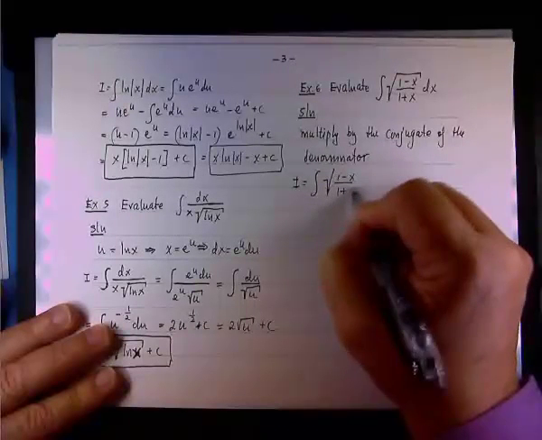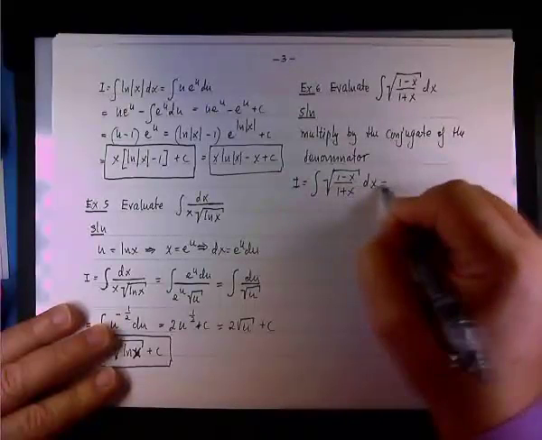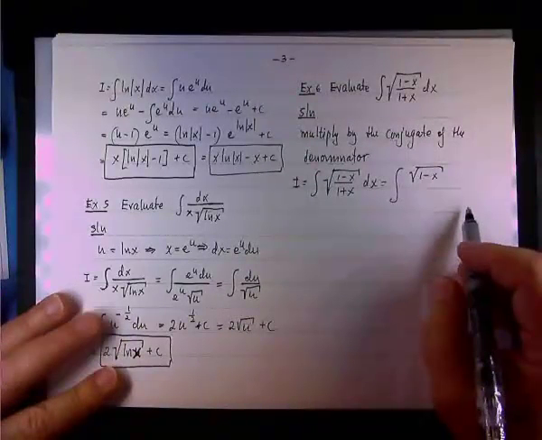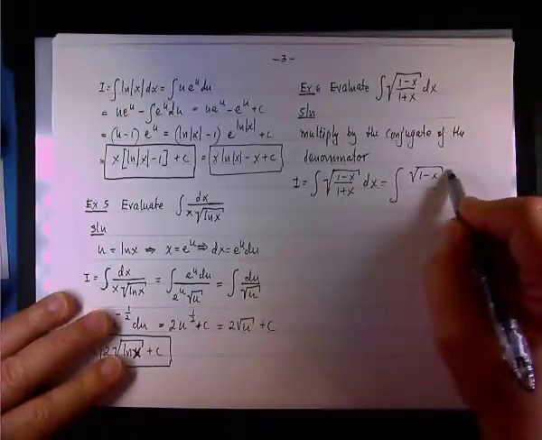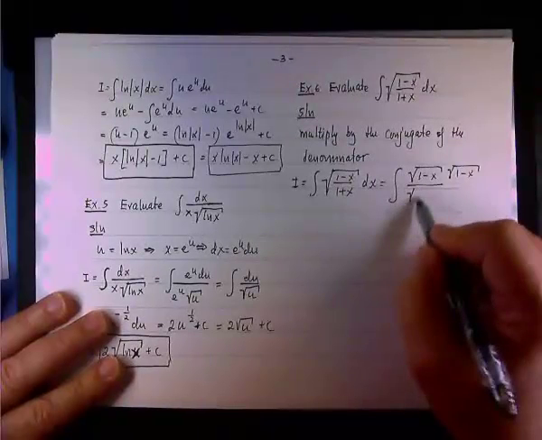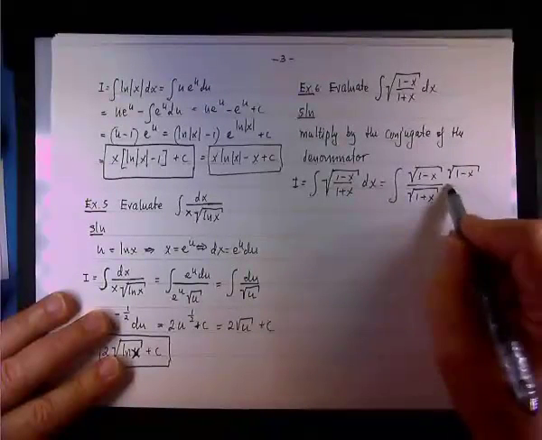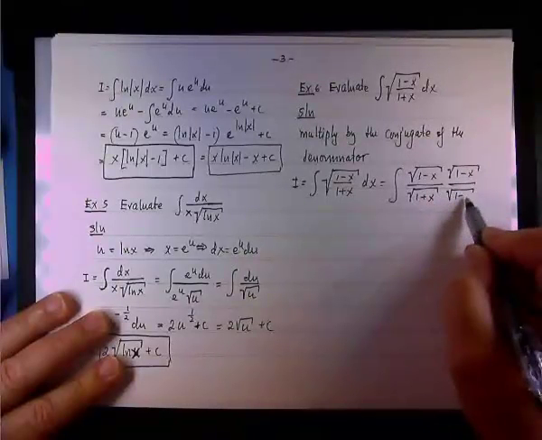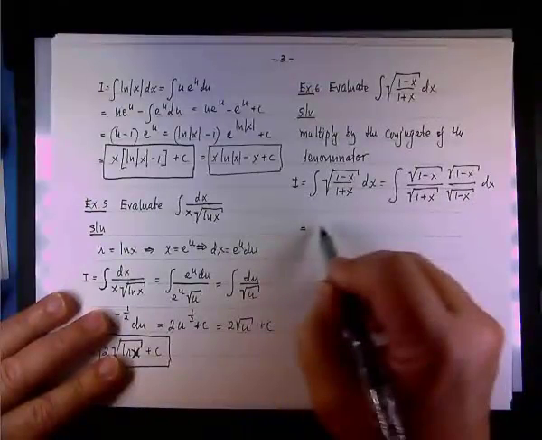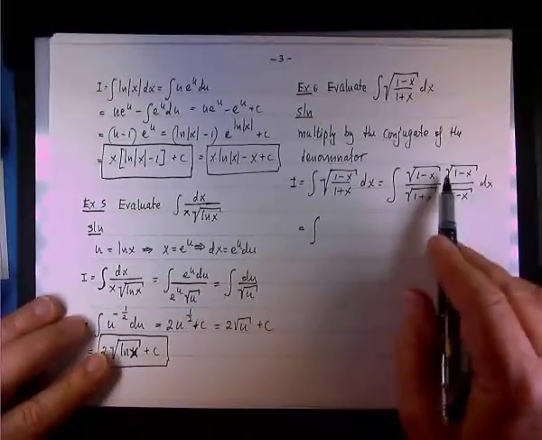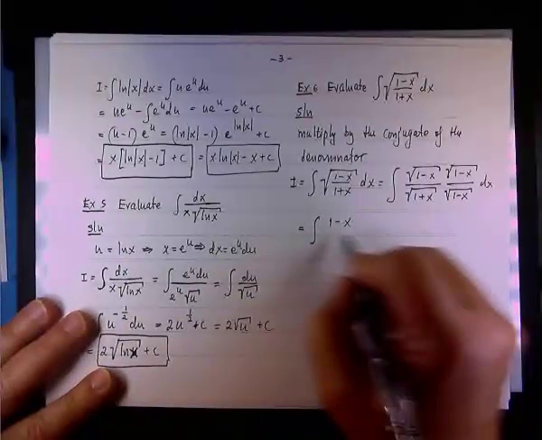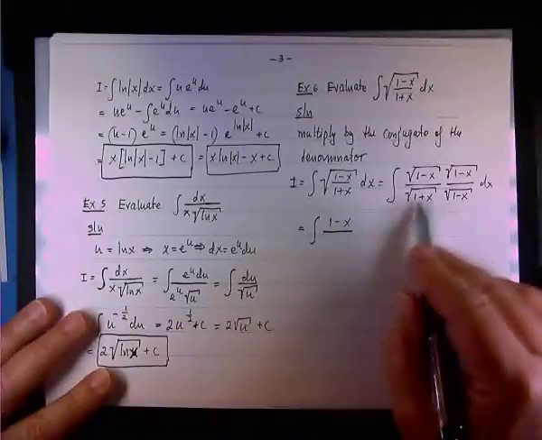So the integral I, which is the square root of (1 minus x) over (1 plus x) dx, if we multiply by the conjugate, first of all, we get rid of the radical in the numerator.